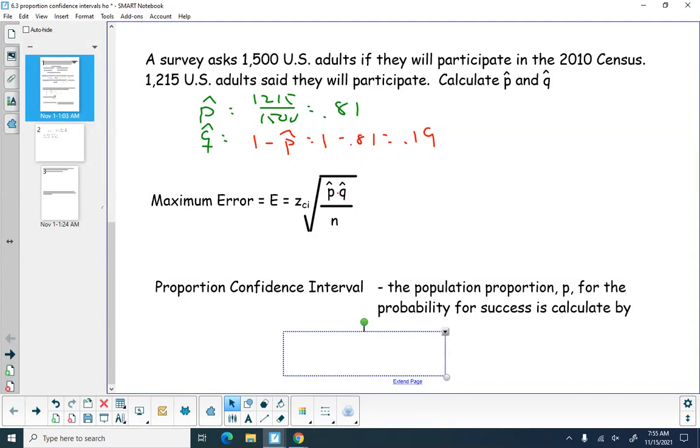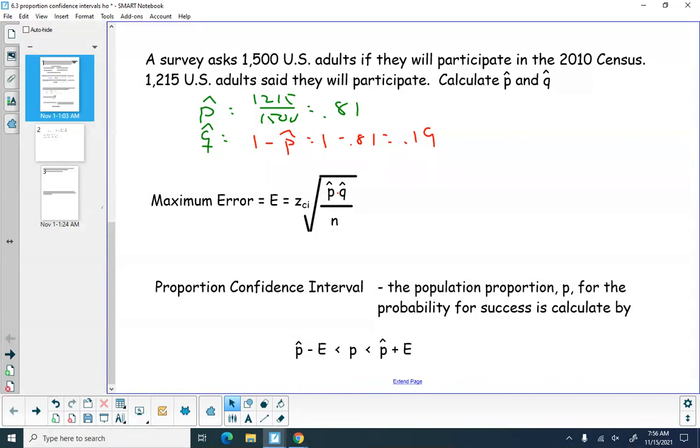The population proportion p, once again, this is a population. p hat and q hat are your point estimates, like your sample. We can calculate a confidence interval for this value of p. And this is what people do when they do surveys for the elections. They survey 1,000, they survey 2,000 people.